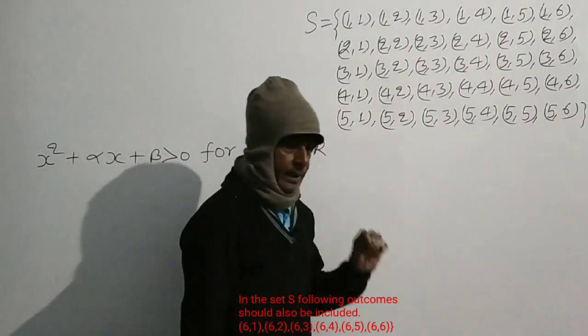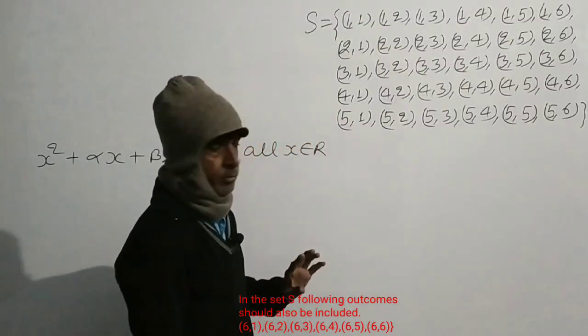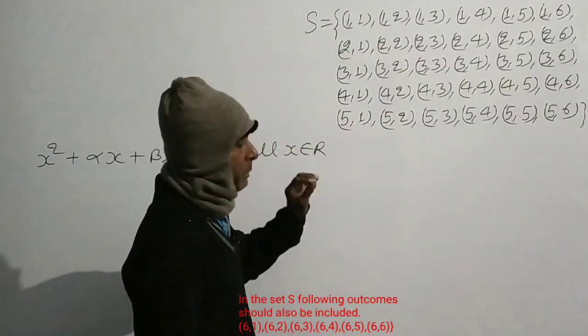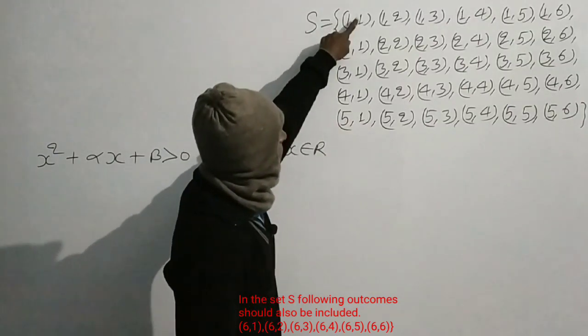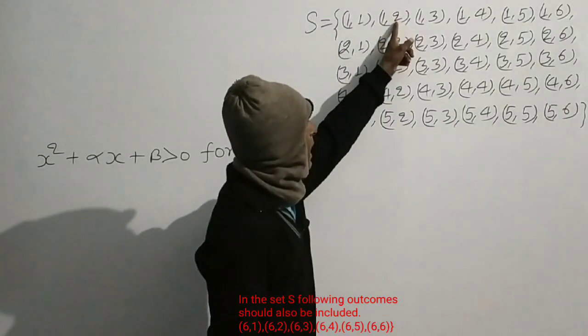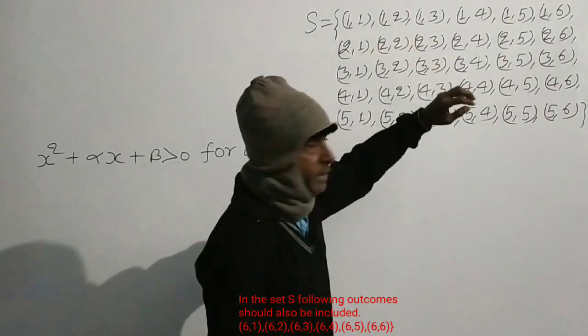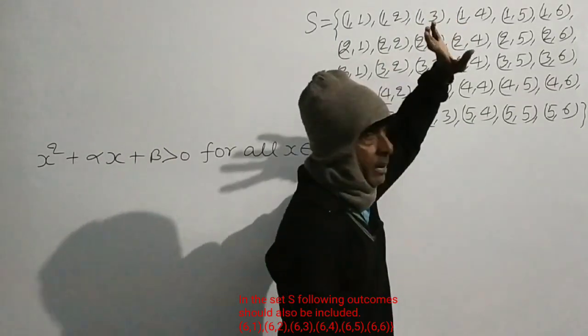When a die is thrown 2 times, it may be possible that the first time 1 appears and the second time 1 appears, or the first time 1 appears and the second time 2 appears. The first time the number 1 appears, the second time the number 3 appears.